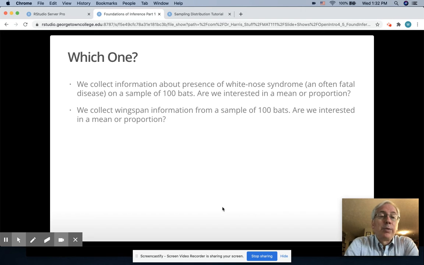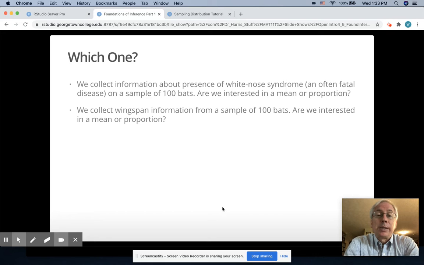Here are a couple of studies that we might be interested in conducting. In each case, I'm asking, are we interested in a mean or a proportion? In the first one, we're collecting information about the presence of white nose syndrome, a disease that can occur in bats. We've gathered 100 bats and we've looked to see whether or not they have white nose syndrome.